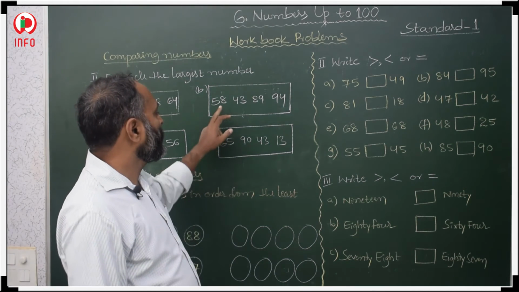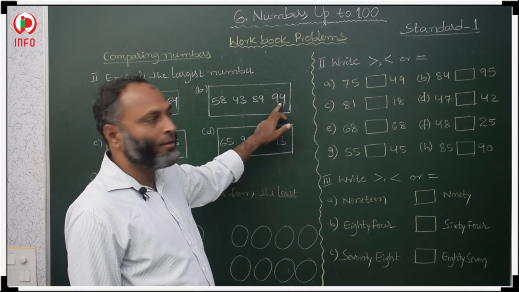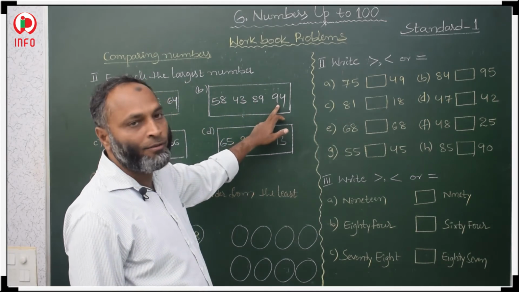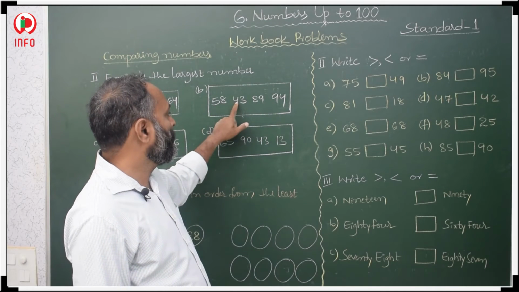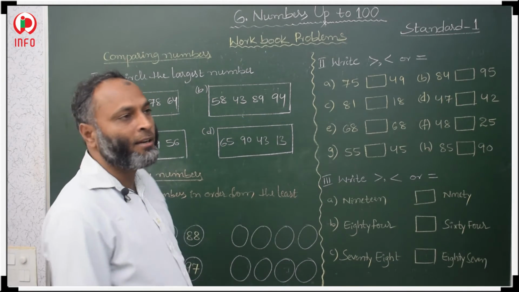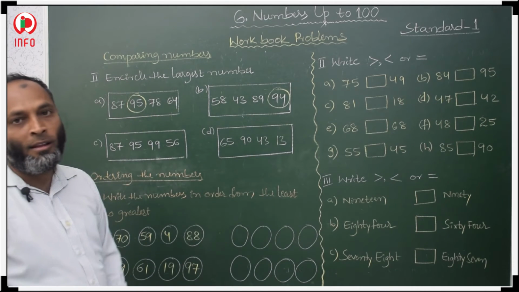Here 58, 43, 89, 94, means 5, 4, 8, 9. 9 is larger, 94 we have to circle.